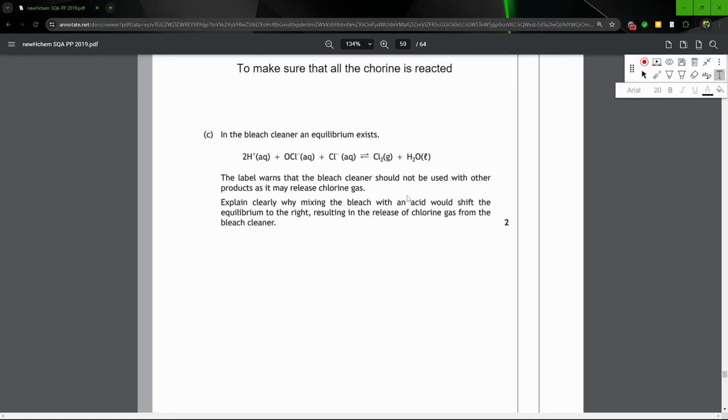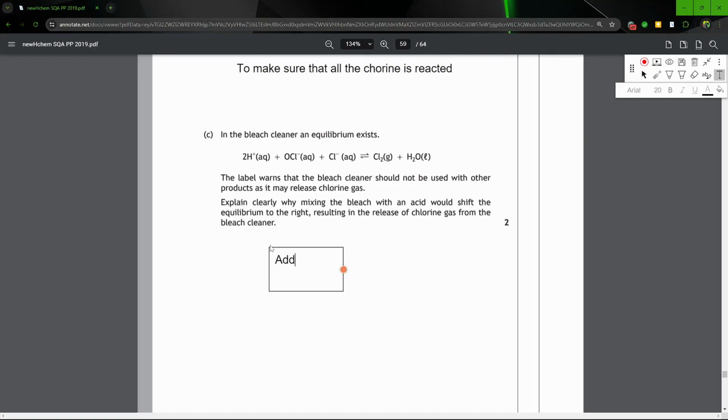Crazy. If you mix it with an acid, that would mean you have more of these hydrogen ions lying around, because that's what an acid is. It has lots of hydrogen ions. So that means it would shift the equilibrium to the right, focusing on producing chlorine gas, which is toxic and not something you should be near. So let's write it down.